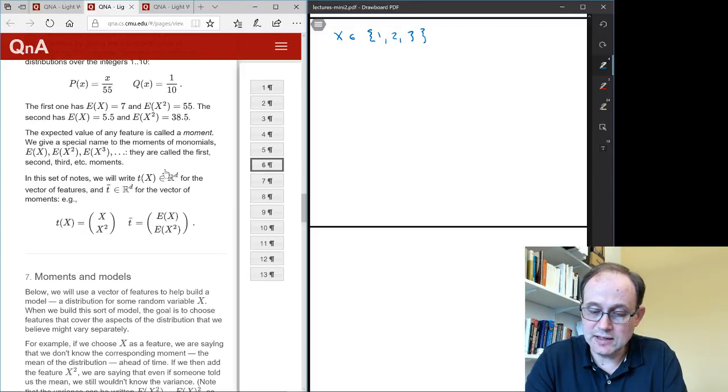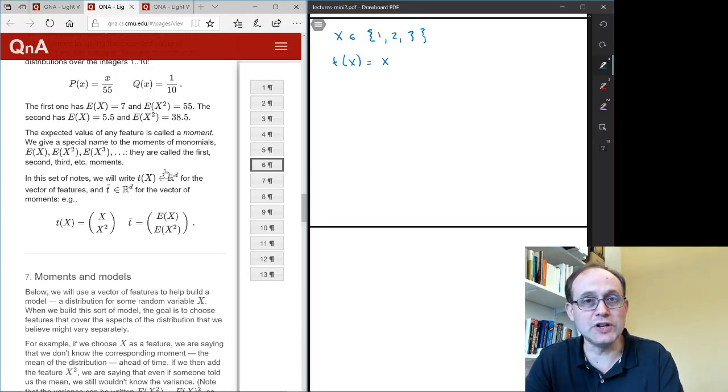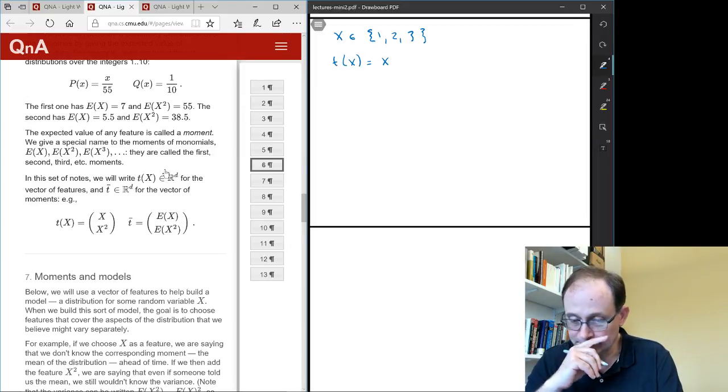And we take t of x to be just x. So the only feature we're using is the random variable itself, meaning that t bar is just the mean of x.